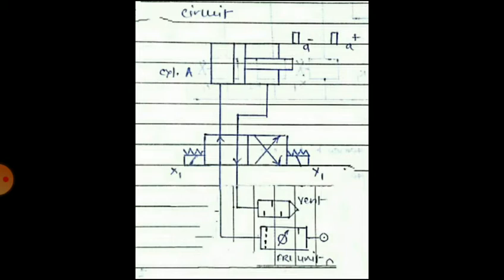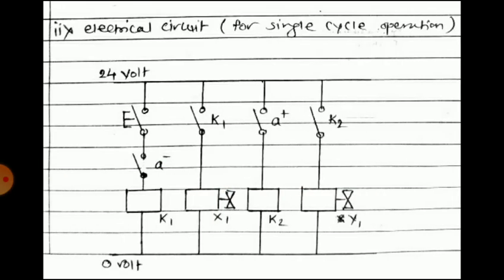At the end of the forward stroke, when the cylinder rod end reaches A plus, you can see here the third vertical line. The A plus switch will activate relay coil K2. Relay coil K2 activates relay switch K2, that is the fourth vertical line. Relay switch K2 will energize solenoid Y1.